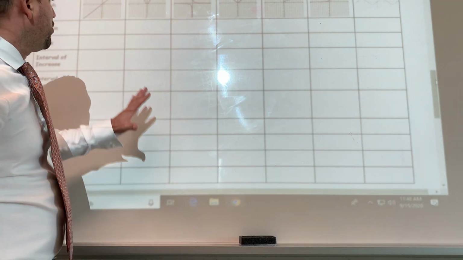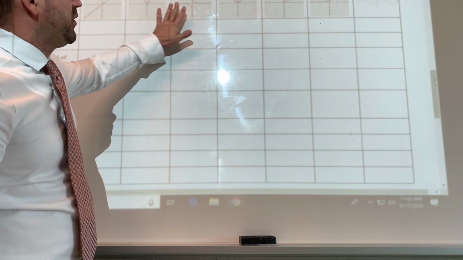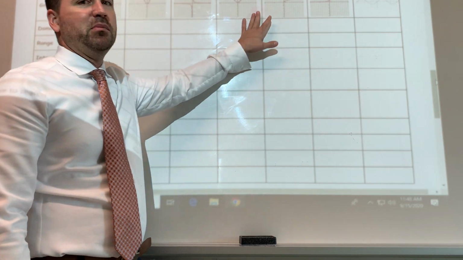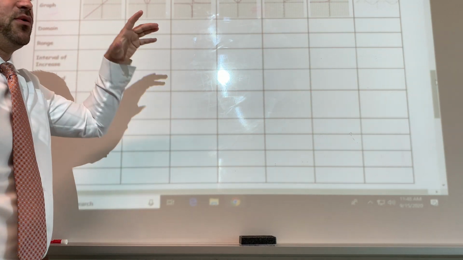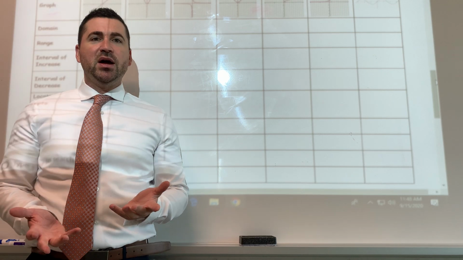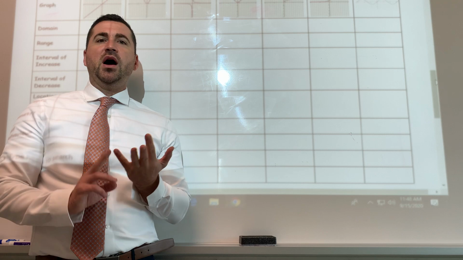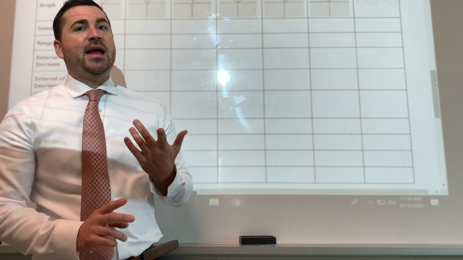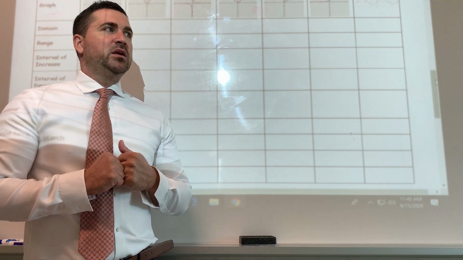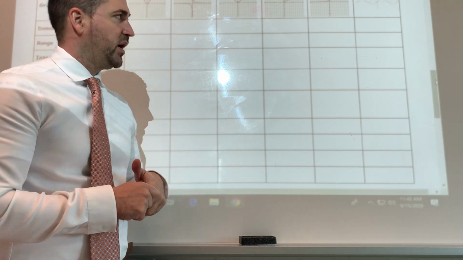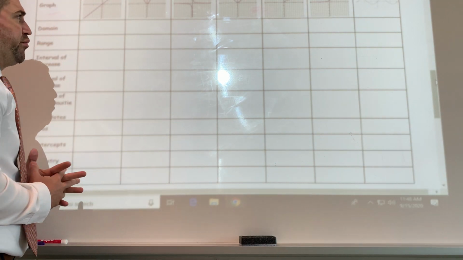You'll notice that we're only doing these in their parent function. There hasn't been any transformations applied. There's no shift left or right, up or down. There's no reflection over the y, no reflections over the x. And there's no stretching or compressing, okay? No vertical or horizontal stretch or compress.